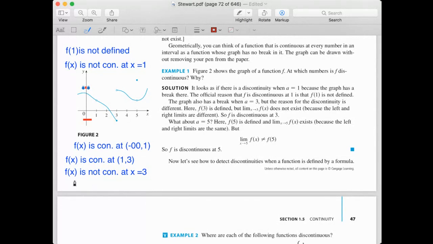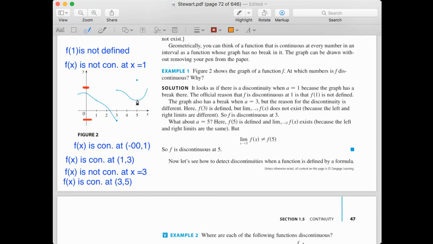Third one, then f is continuous from 3, excluding 3, up to 5, excluding 5, open interval. So from here to here is a continuous string.